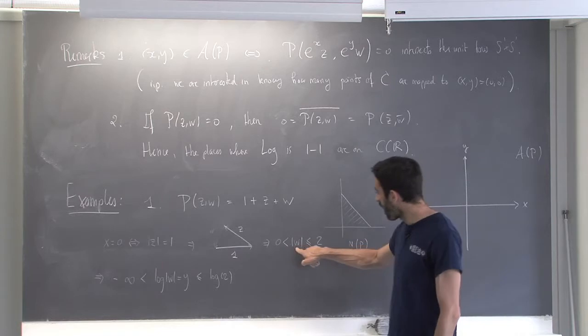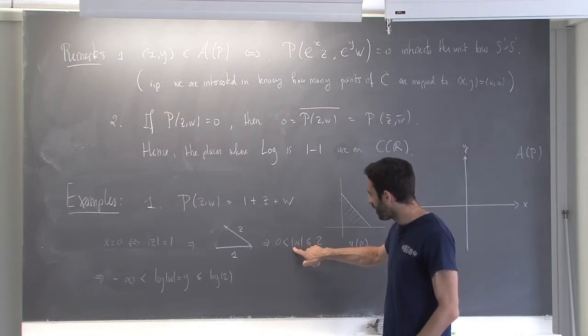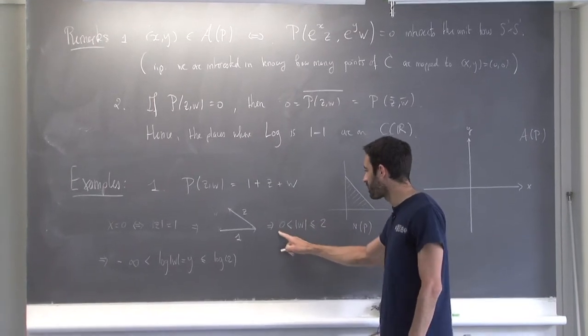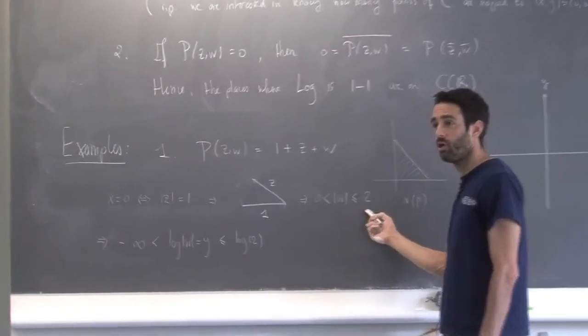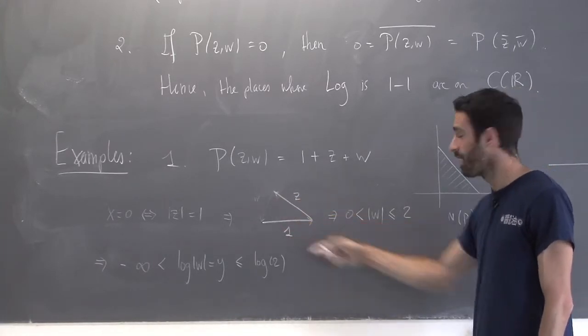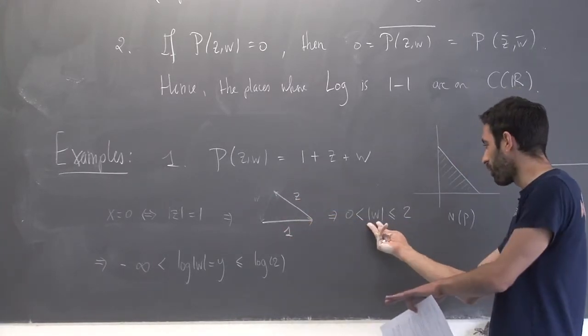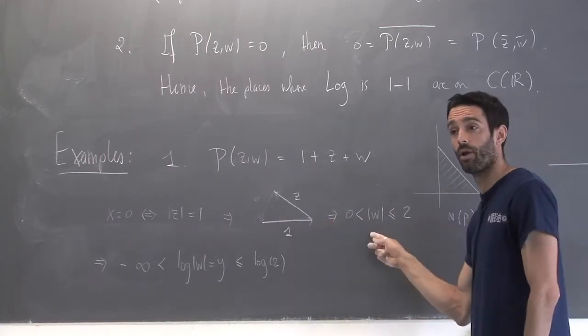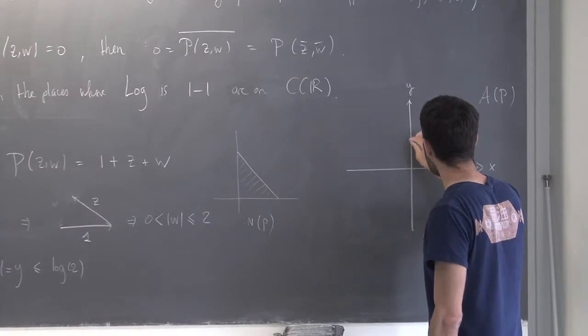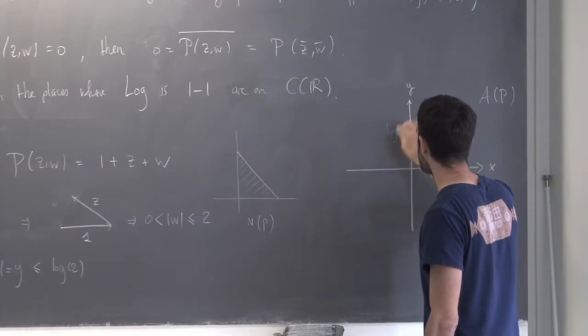And you see that whenever the norm of w is strictly between 0 and 2, the amoeba map is 2 to 1. So we have two possible triangles. And when the norm of w is equal to 2, then we have a single one. So here, I'm just going to write log of 2 somewhere.